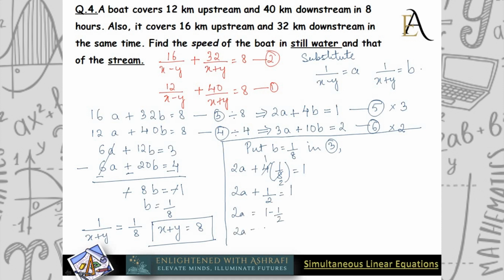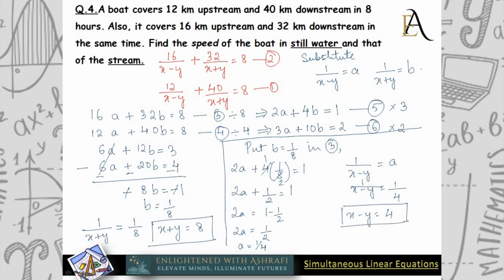So 2a equals half. a is equal to 1 upon 4. We know a is 1 upon x minus y, so x minus y is equal to 1 upon 4. Sorry, 1 upon x minus y is 1 upon 4. Therefore, x minus y is going to be equal to 4.